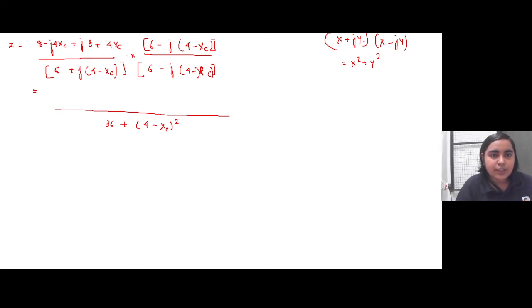On simplification of the numerator, it is 48 minus 8 into 4 minus xc, minus j into 6 times 4, which is 24xc. So j square is equal to minus 1, so it will be minus 4xc times 4 minus xc.